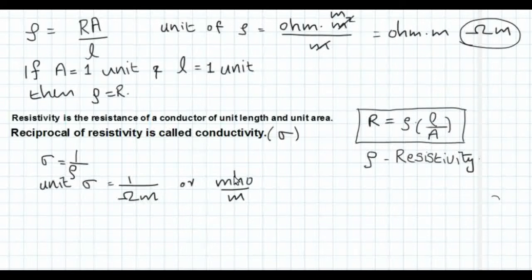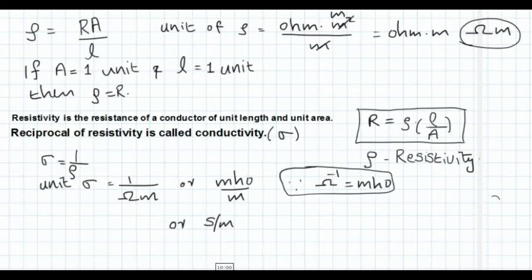So it is mho per meter. The reason is ohm inverse is equal to mho. Also this mho is equal to Siemens. Therefore Siemens per meter is another way of representing the unit of conductivity.